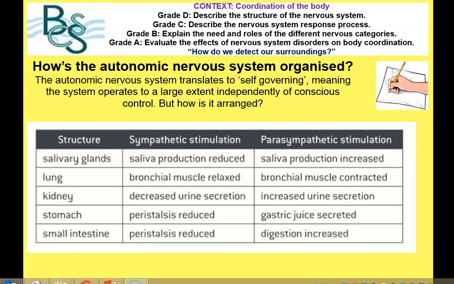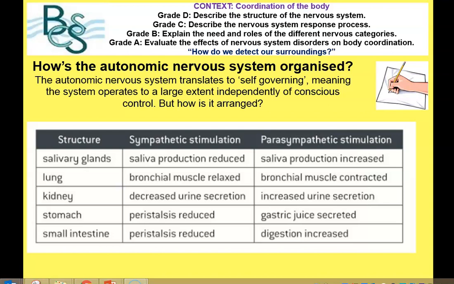You don't need to be spending and wasting energy decreasing urine or digesting food. So stomach and small intestine will also reduce. Your lungs, your bronchial muscles relax, because that means that the airways are bigger. And so that's going to allow more oxygen into the body and removal of more carbon dioxide.